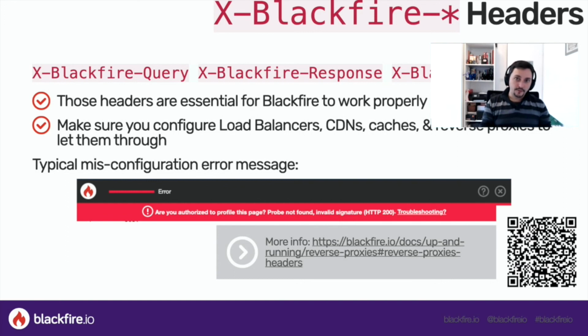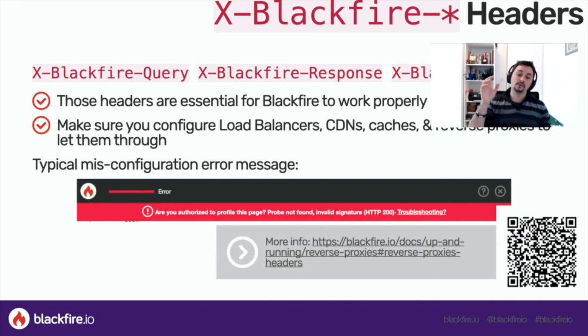Last but not least, all of this is based on special headers. When you do a Blackfire curl, or when you click on the button of the Chrome or the Firefox extension, it's just regenerating the HTTP request.